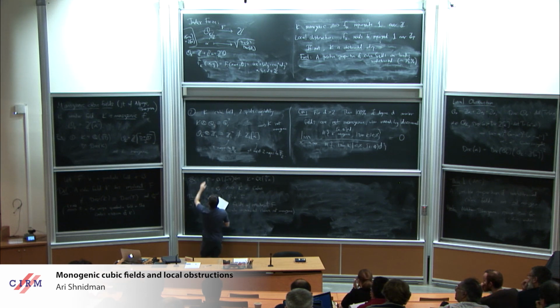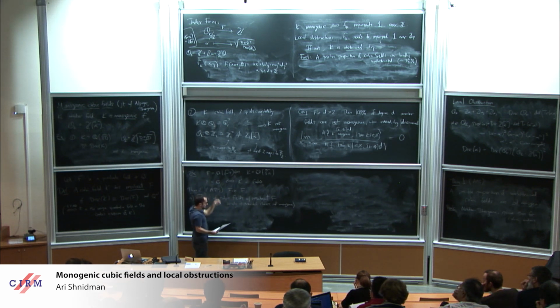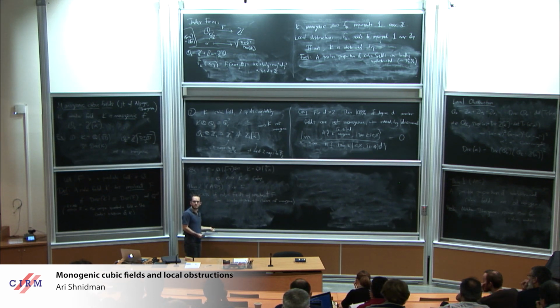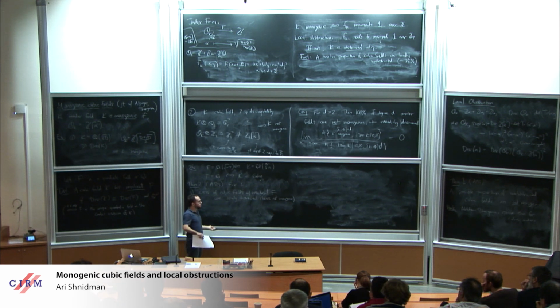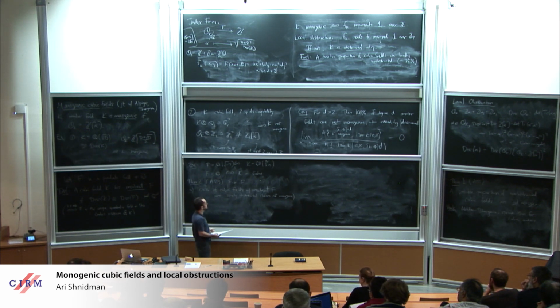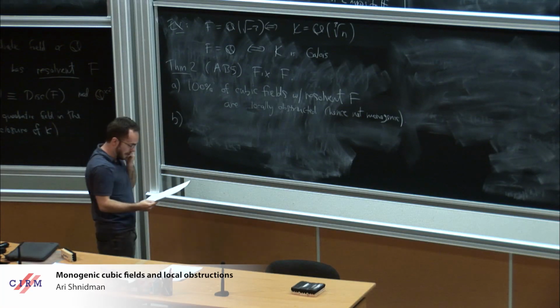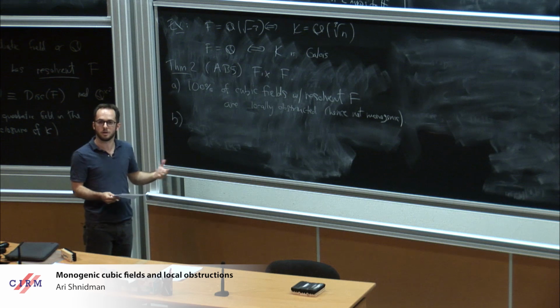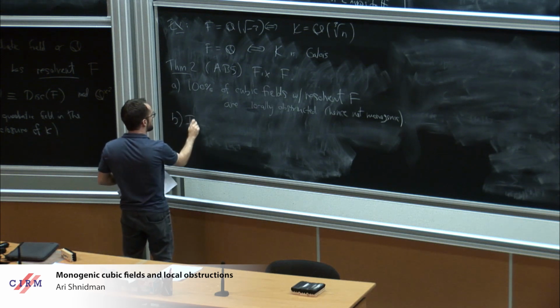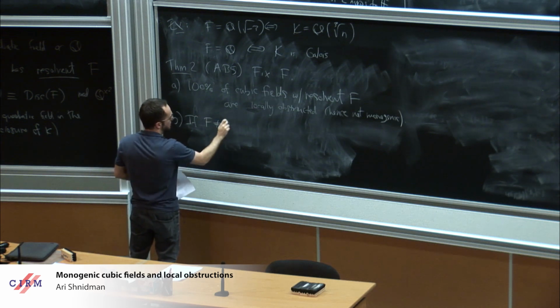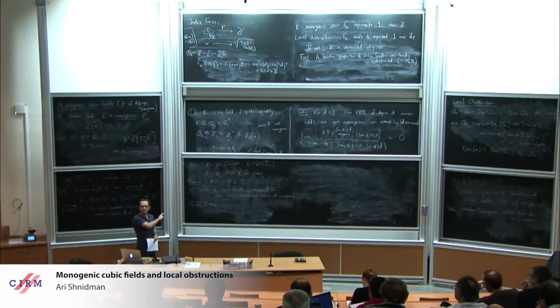So it's natural then to ask, okay, it's already true that 0% are monogenic, but you can ask about that thin set of cubic fields which are locally unobstructed. It's 0%, but it's still asymptotically, there are still a lot of them in some sense. You can ask, what about those? And again, the answer is 100% are not monogenic. So here our method of proof doesn't work when we're in that case of abelian cubic.